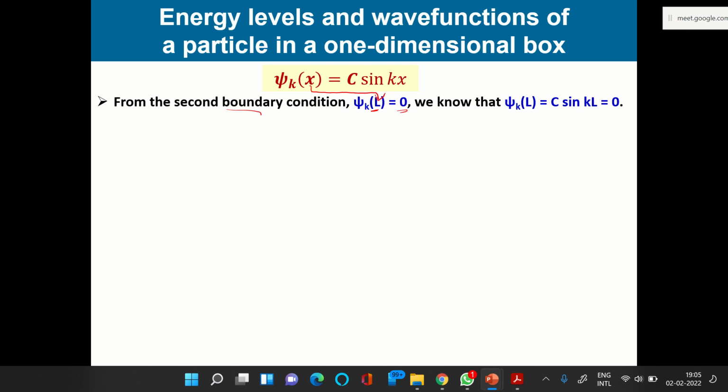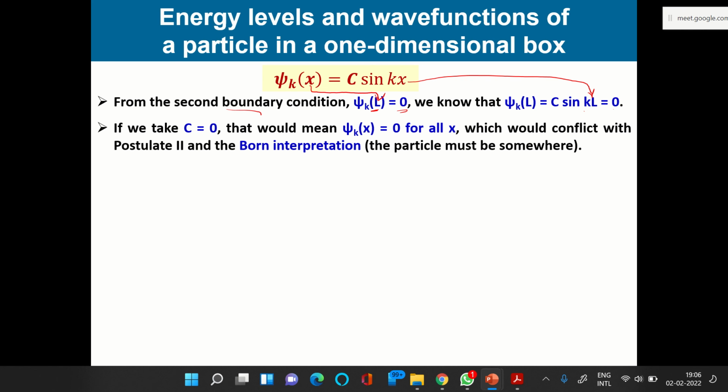So when you substitute the value of x is L, capital L, it becomes kL. So c sine kL must be equal to 0.